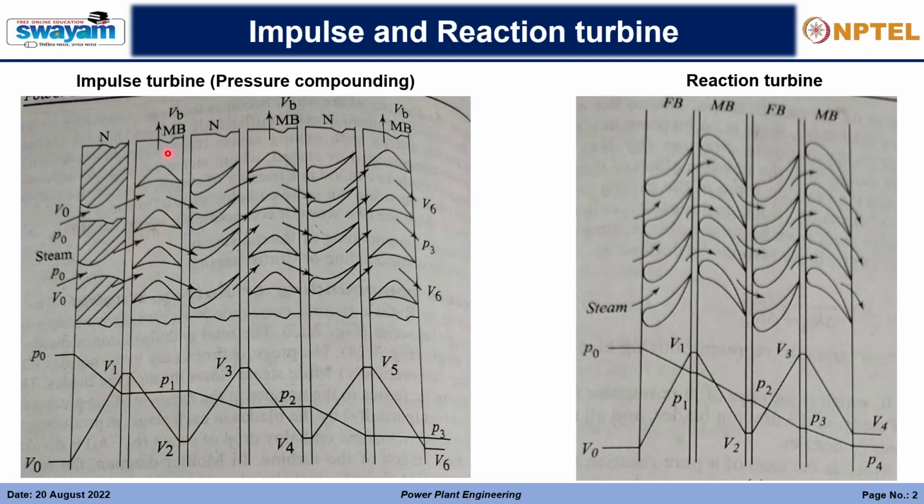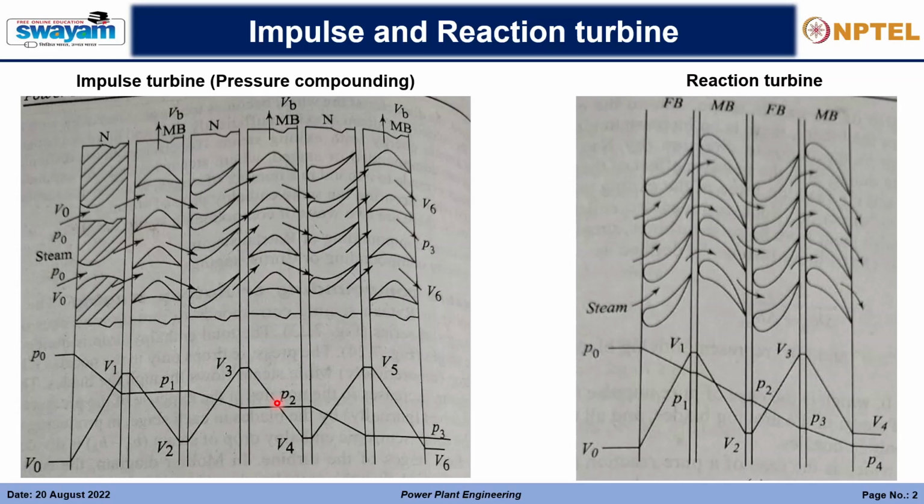That is the fundamental concept of an impulse turbine. Then again it moves to the nozzle, the pressure decreases, meaning the gas is expanding, and the velocity increases again. Then it moves to the second set of moving blades. Again the velocity decreases in the blades, but the pressure remains constant.